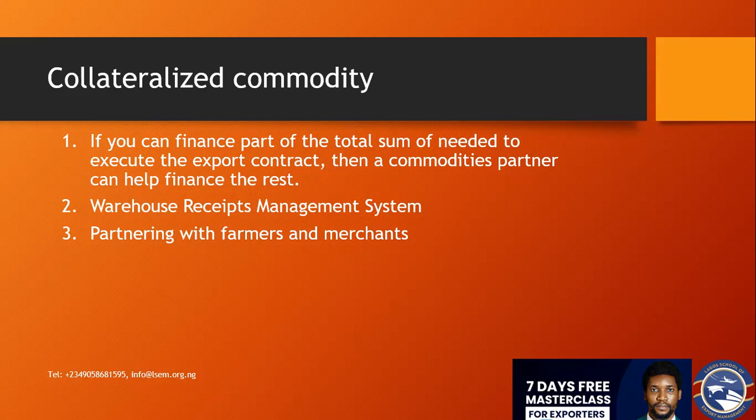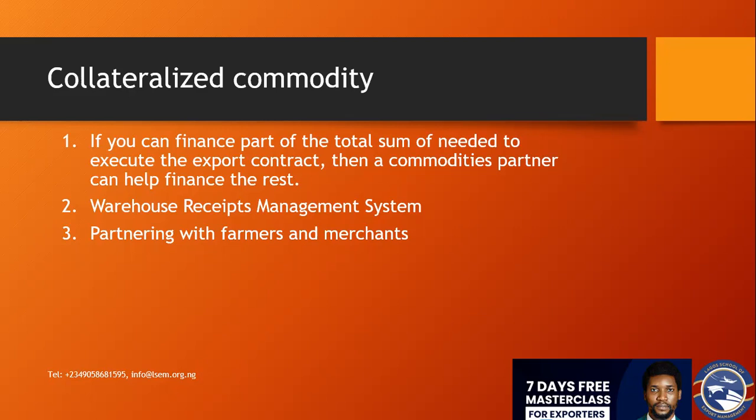This is an agreement whereby they will bring a third party agent. The third party agent comes into your warehouse. They will be the one to certify and look at how creditworthy what you are doing is. They will look into your warehouse, look at the commodity you have, and make sure it's actually what you said you can do and what is required in the export contract that you want to work on.